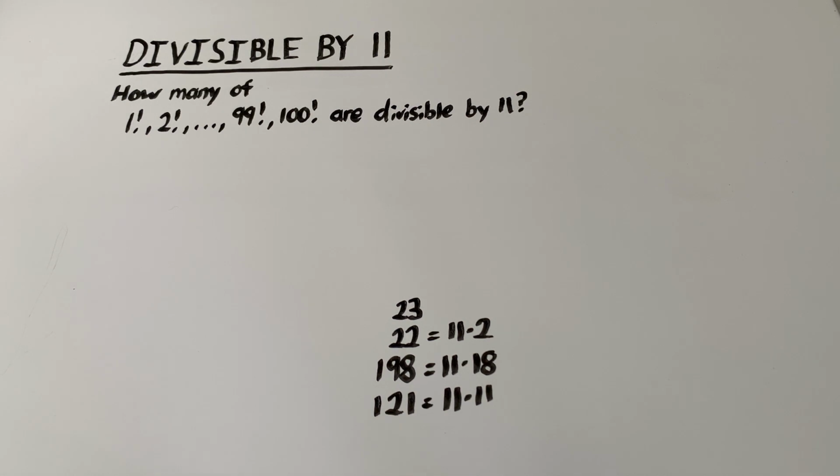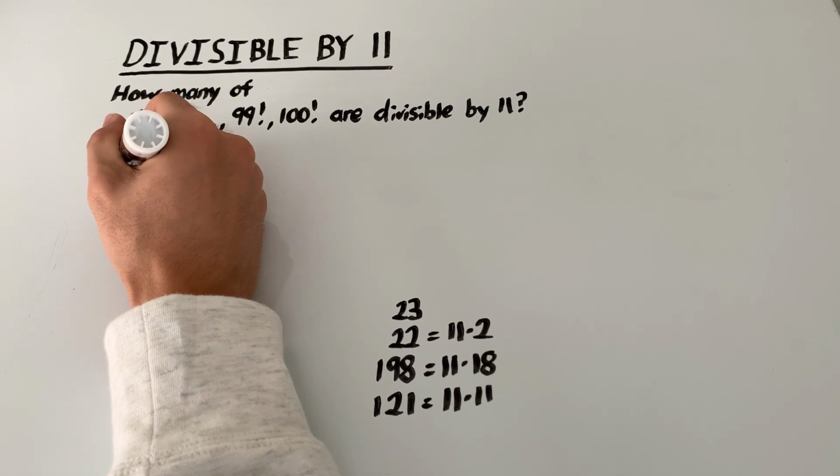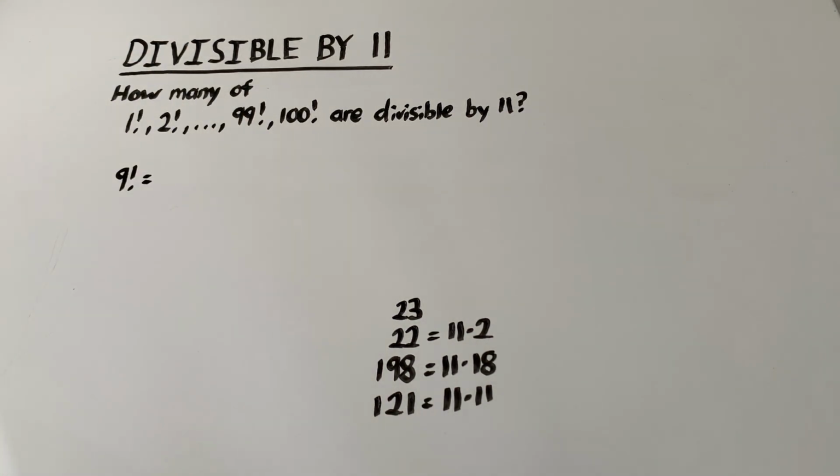Let's start with 9 factorial. Nine factorial is defined as 9 times 8 times 7 times 6 all the way to times 3 times 2 times 1.